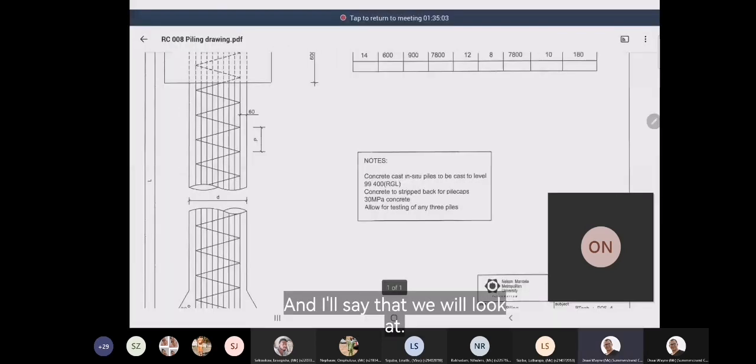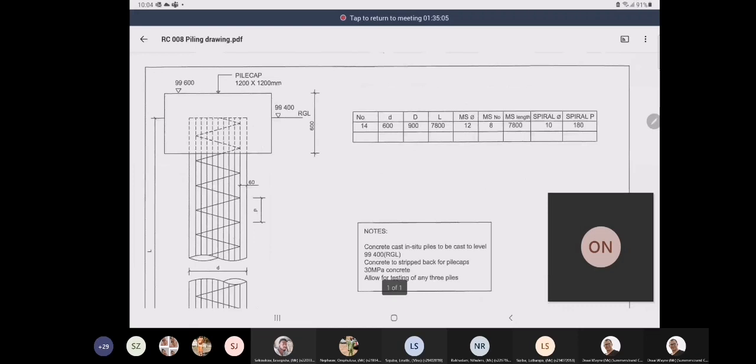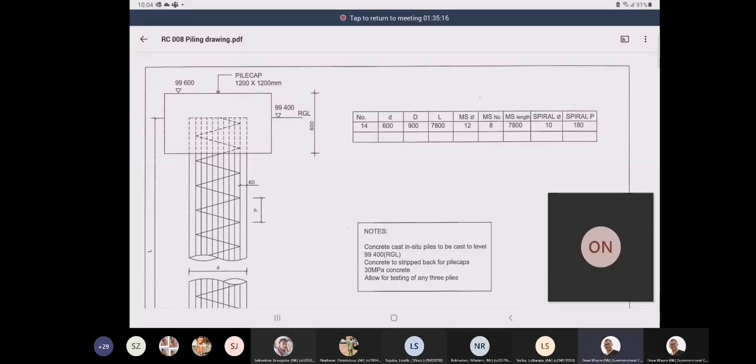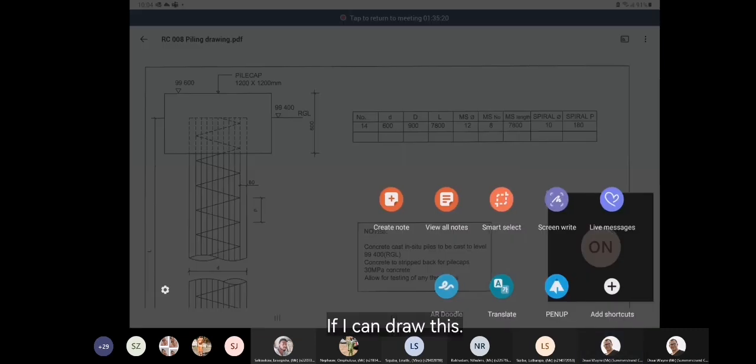And I'll say that we will look at the pile cap. And with this pile cap, in this instance, it is straightforward. A pile cap, I can draw this.